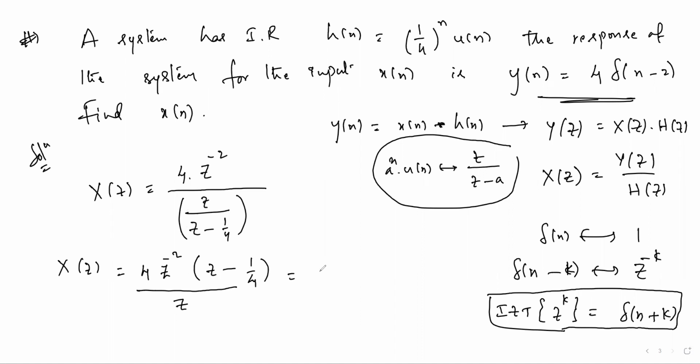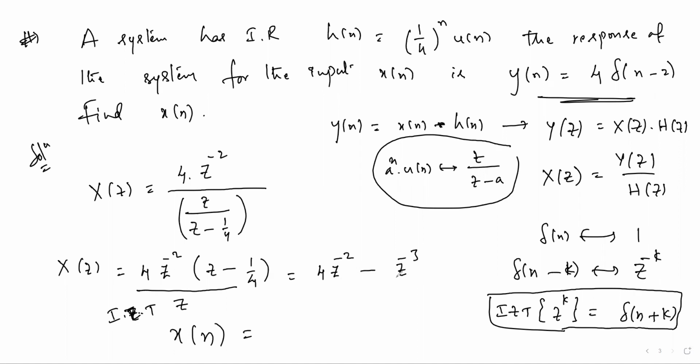Further, what can we do? If I take z this side, in the first term 4 gets cancelled and z raised to minus 3 remains. So it is 4z raised to minus 2 minus z raised to minus 3. If we have a z polynomial, I told you how to take the sequence. Now apply inverse z transform to get x of n, the input.